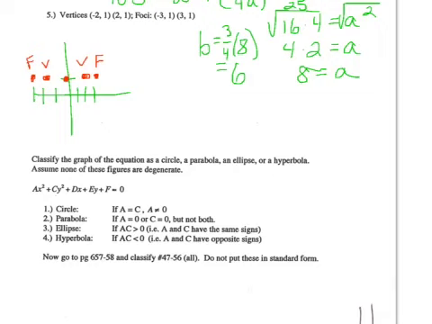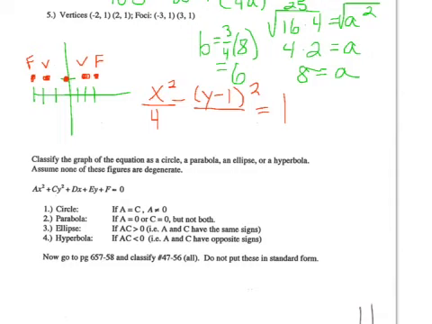All right, so we know that we have a horizontal hyperbola, so the x squared will go first. And this time we have a center at (0, 1), so I need to put a y minus 1 squared. That'll all be set equal to 1. We know that our a value is 2, so I need a 4 underneath my x squared. And this time we're given the c value of 3.